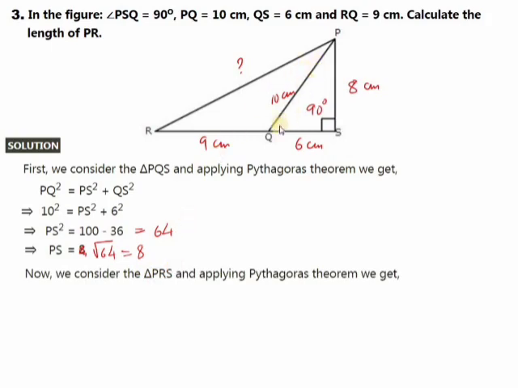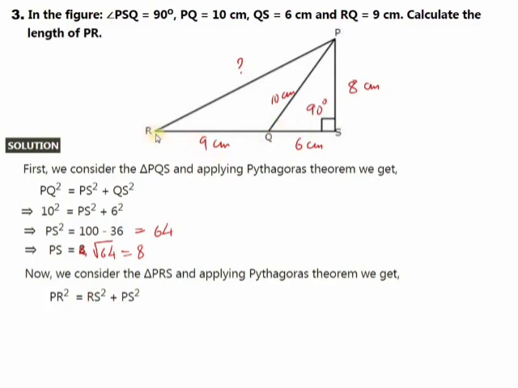Forget about this middle line. In this biggest triangle, this is the 90 degrees, so the side opposite to this is PR. So the hypotenuse is PR, and PR square is equal to perpendicular square plus base square.